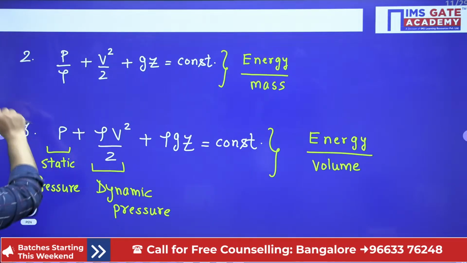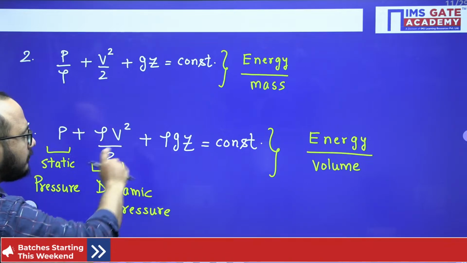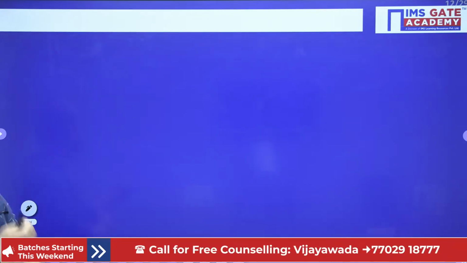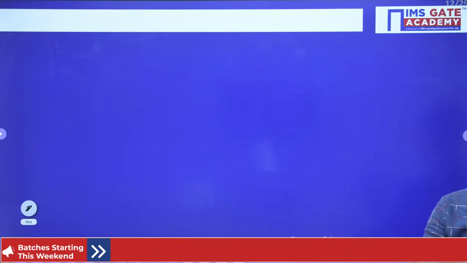So you should understand how we have represented each term of Bernoulli's equation. Based on that, the naming will be there: dynamic head, dynamic pressure. If it is in energy, we write dynamic energy. If it is in terms of head, we write dynamic head. If it is in terms of pressure, we write dynamic pressure.